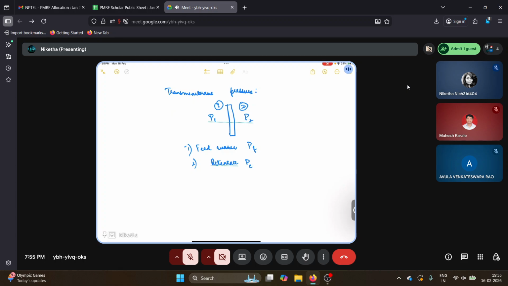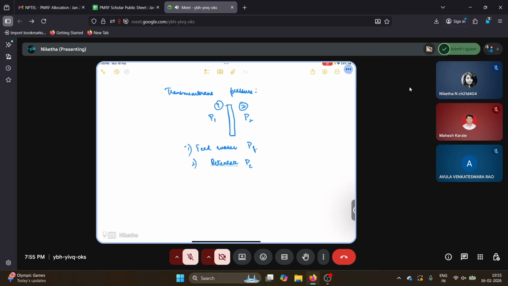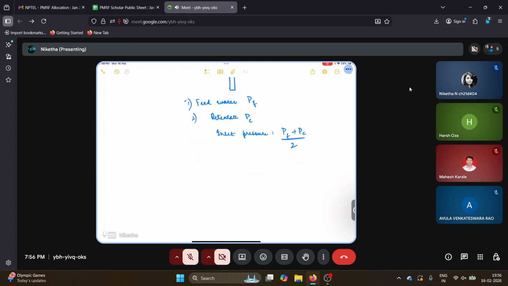Retentate is also called concentrate, that's why it's called PC. So for the inlet side, we have to take the average of these two pressures. The inlet pressure is PF plus PC divided by 2. And on the outlet, we only have the permeate pressure, which is PT.